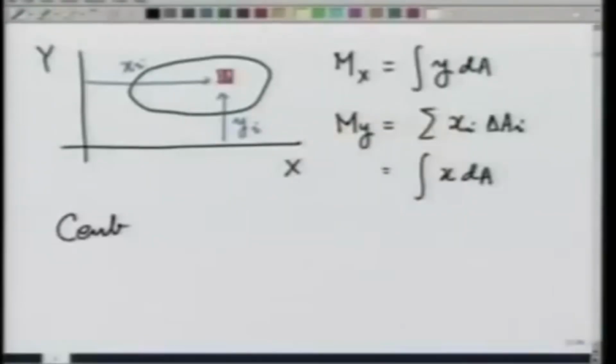Using the concept of first moment, I can define the centroid of this area.